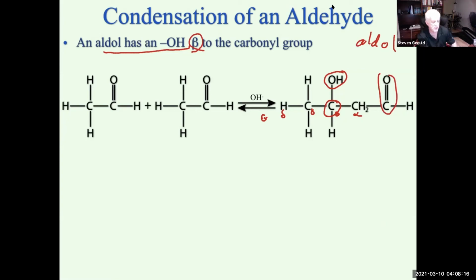Okay, so if we look at this compound, let's break this apart. All right, so let's take it step by step. H, C, H, C double bond O, bonded to H. We're going to use the same compound for the self-addition reaction, or condensation reaction.